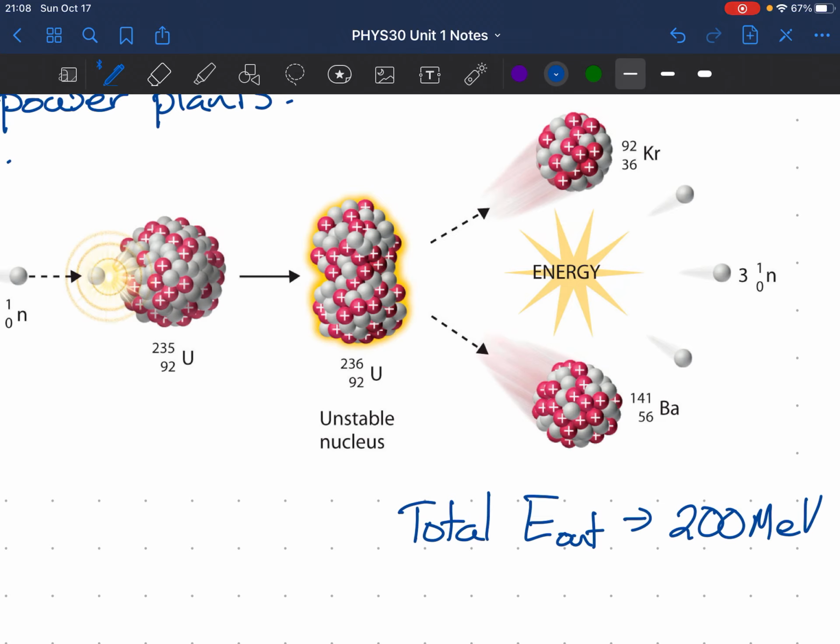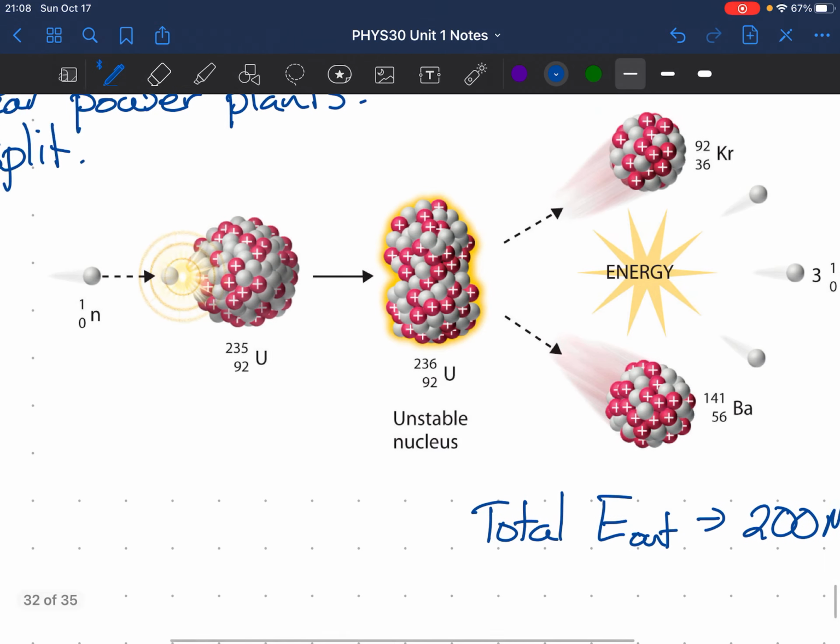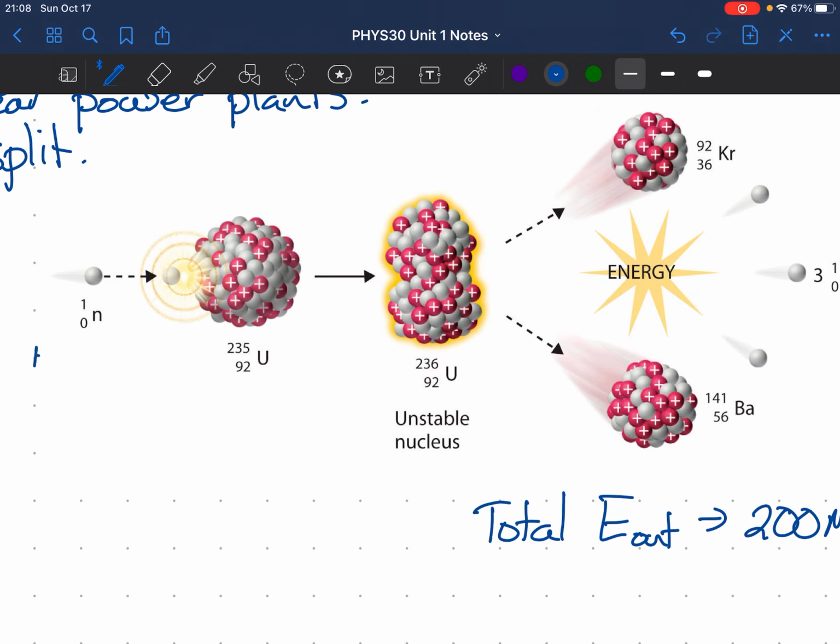Now, I do not know the energy in. I'm going to just see if I can find it. You need to put in about 7 to 8 mega electron volts. So energy in is about 7 mega electron volts.